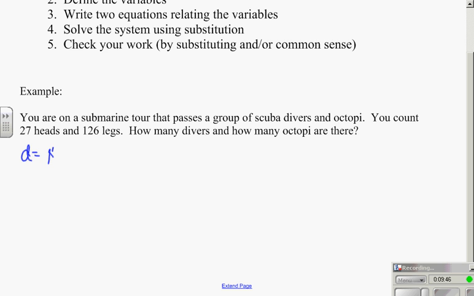So, variables. We're going to let D be our number of divers. And we can't use O because it's confusing, so let's use P equals the number of octopi.